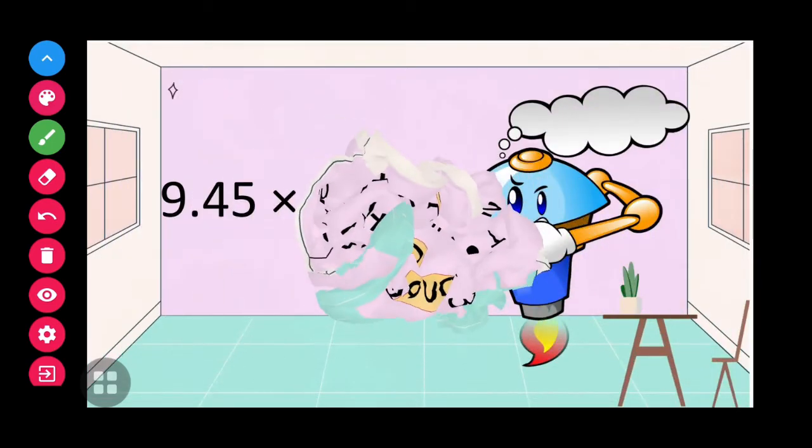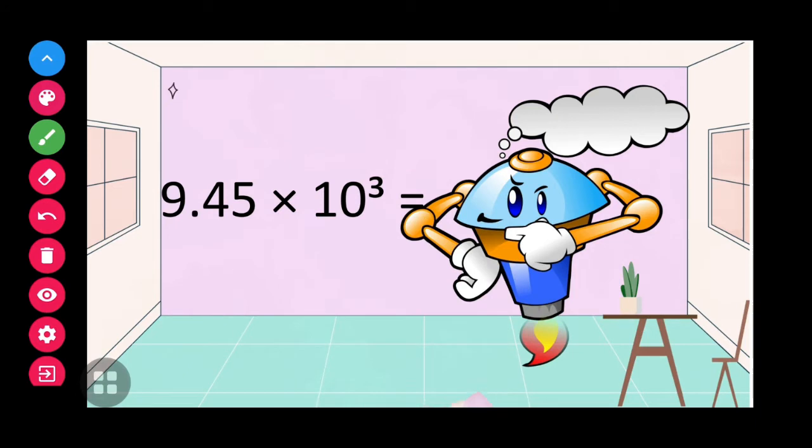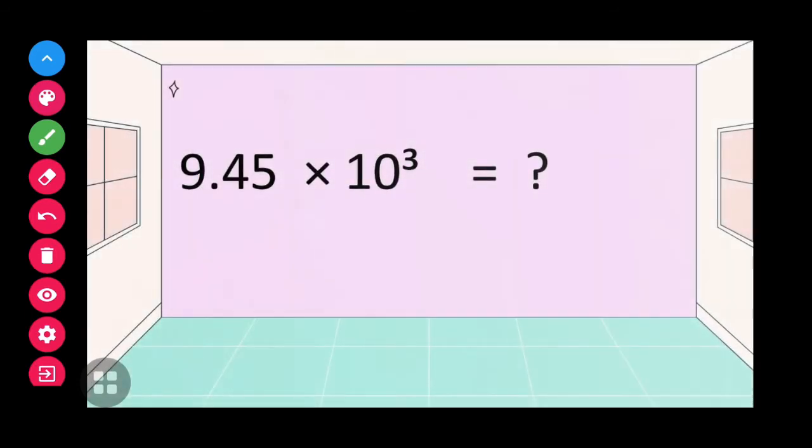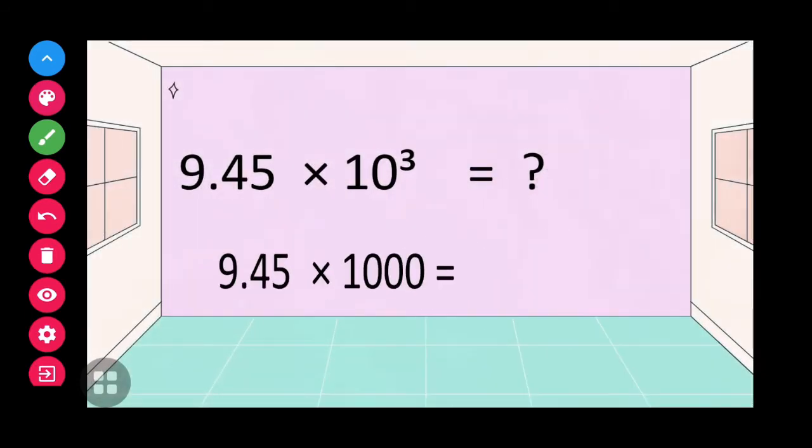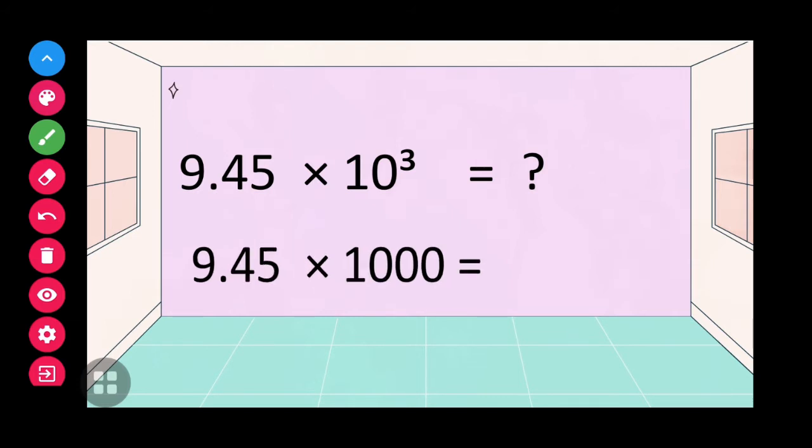Now, oh no, a robot has landed in our classroom and it's trying to calculate 9.45 into 10 to the power 3. How can we write it in other terms? We can write 9.45 into 10 to the power 3 as 9.45 into 1000.